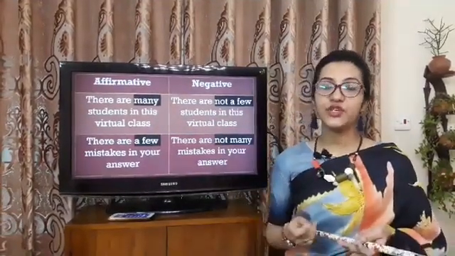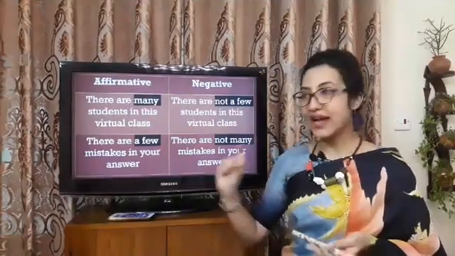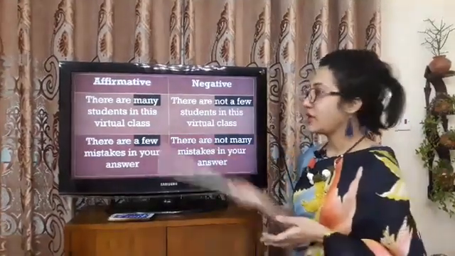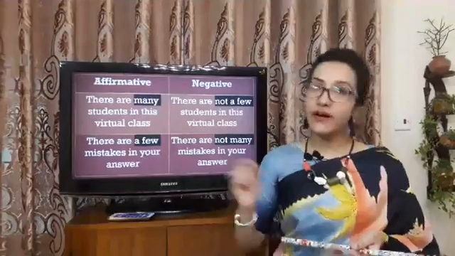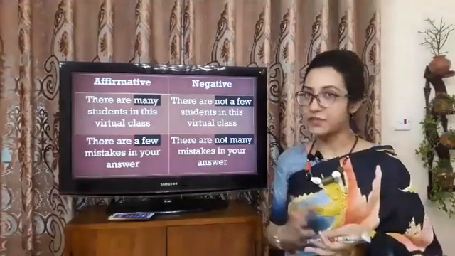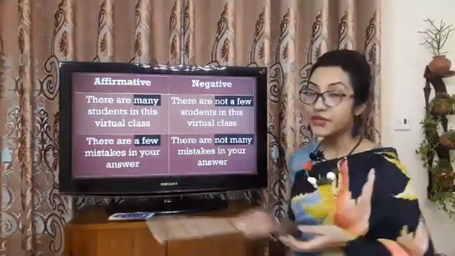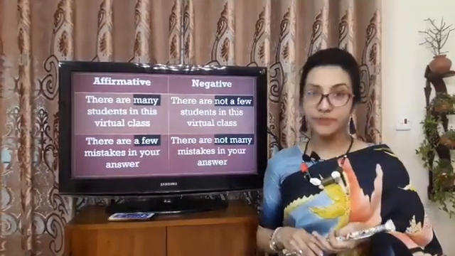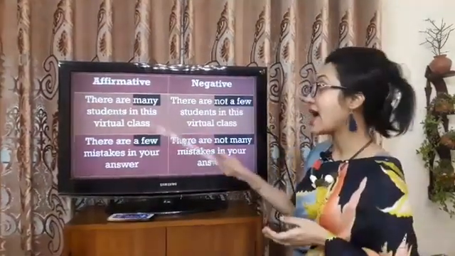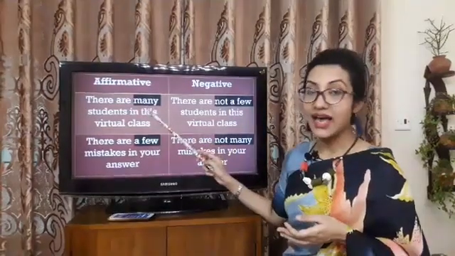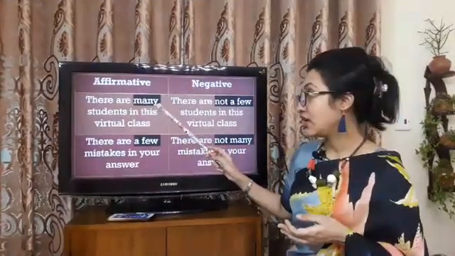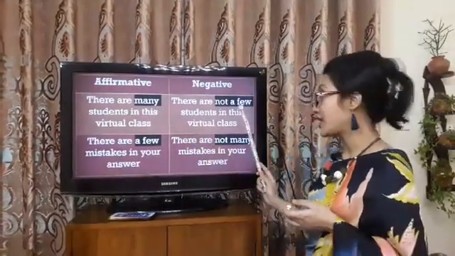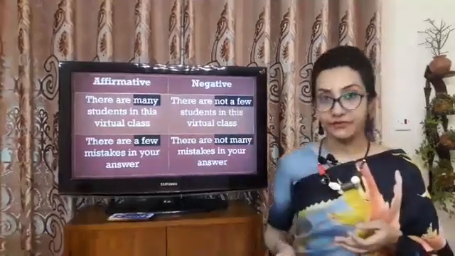In negative, we are just going to use not and then the adjective. Many thakle a few, a few thakle many. It's as simple as that. So again I'm repeating, if you have countable noun and if you have many as your adjective, in affirmative, you are going to write not a few in negative.